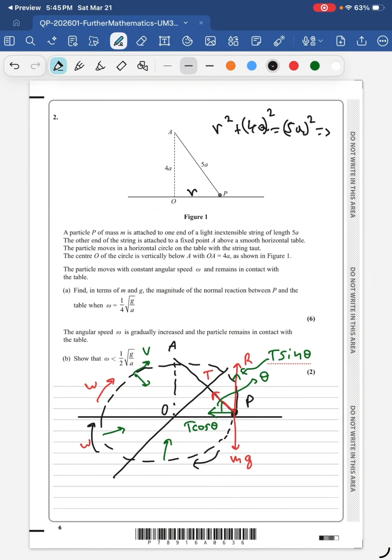So we can see immediately that r squared is 9a squared, therefore r is 3a. And then we can also see that this is theta, right? So the tangent of theta is 4a over 3a. So that's just 4/3. I hope this makes sense.